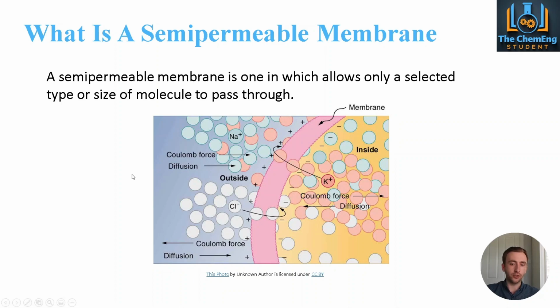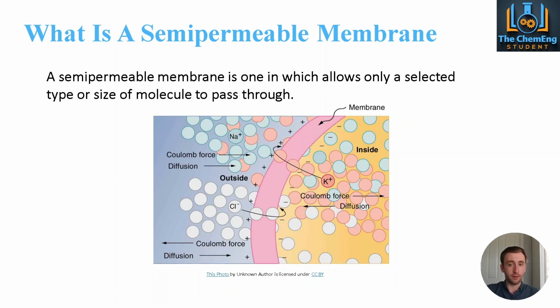Out of them, sodium is probably one of the smaller ones. So say your semi-permeable membrane is only big enough to allow sodium ions to pass through. Anything else, it will not pass. It won't fit. So that's an example of a semi-permeable membrane. It only allows a certain size of molecule through.